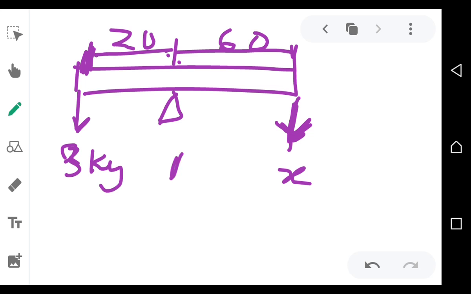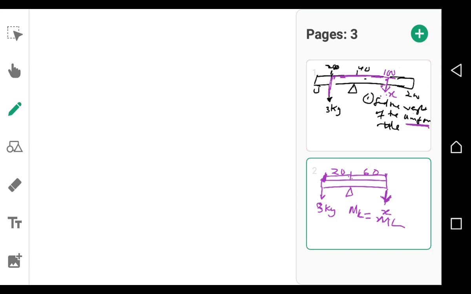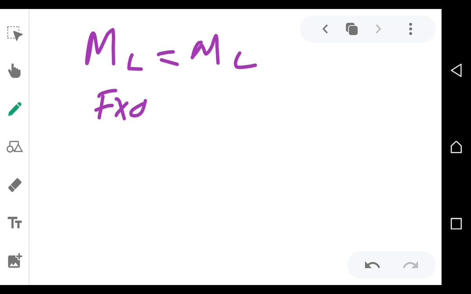So moment on the left is equal to moment on the right. Moment is force times distance, on this side also force times distance.